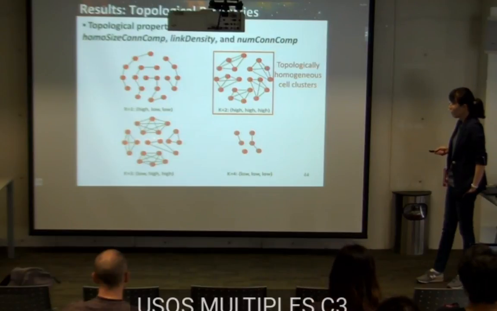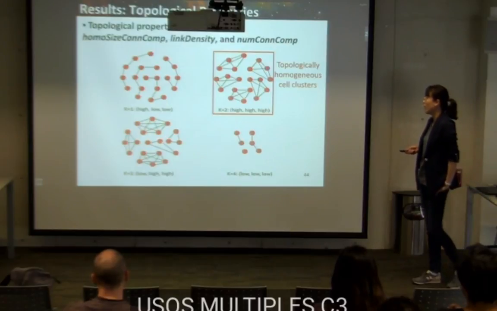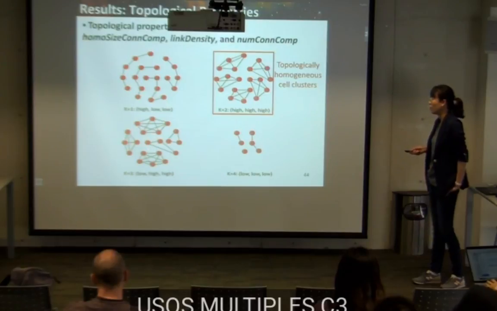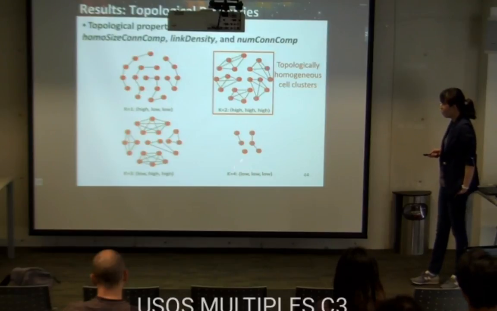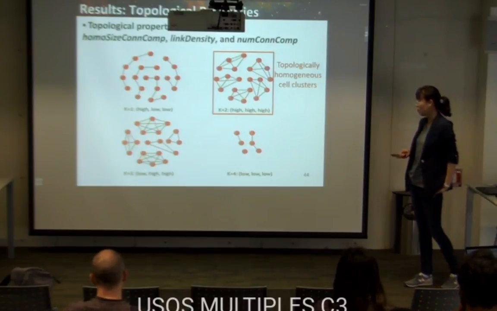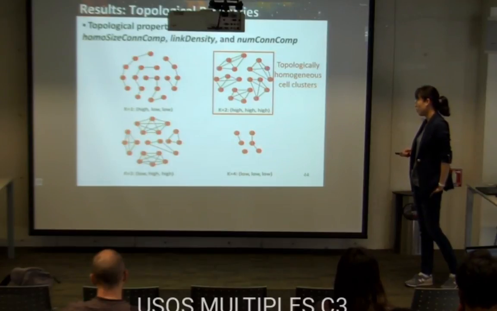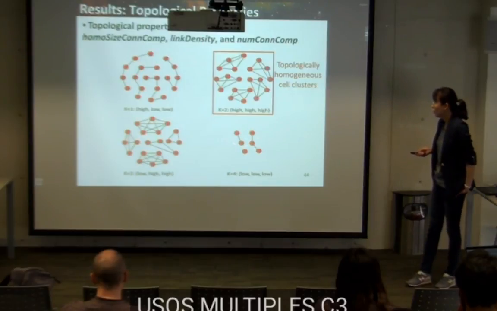The patterns at K equal 3 were composed of the heterogeneous size of connected components where cells were interconnected. Lastly, the patterns at K equal 4 were composed of the heterogeneous, small number of connected components which had a shape like a short chain.